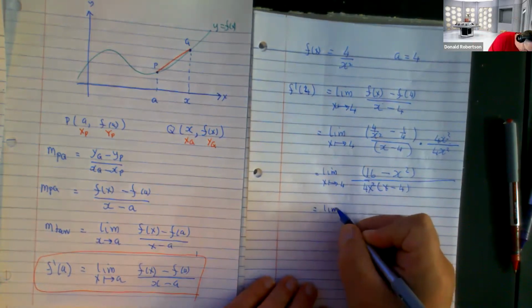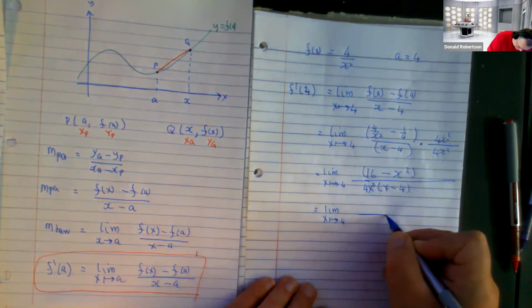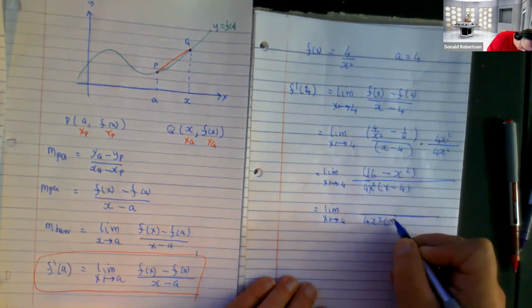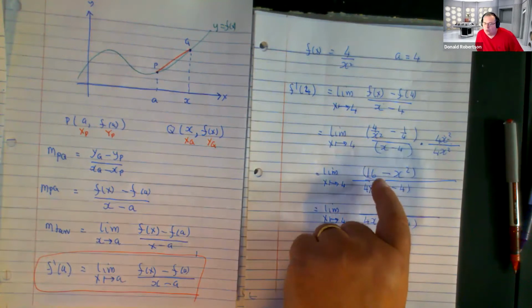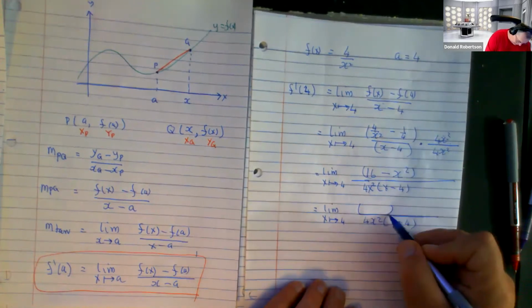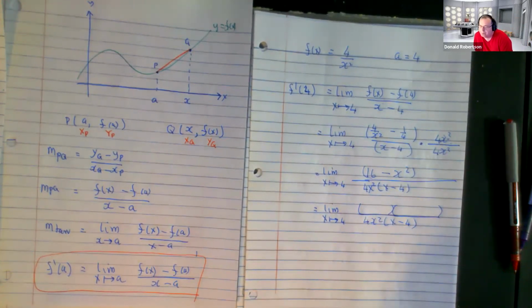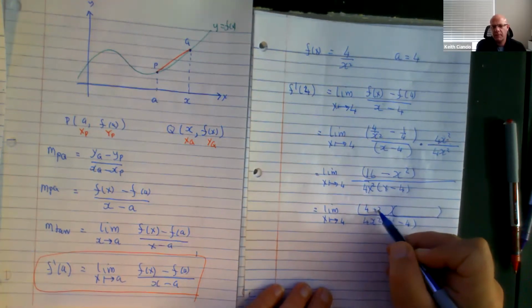This question is a factor and cancel. What does 16 take away x squared look like when it's factored? Because it's a difference of 2 squares. Hopefully you can recognize that. We're going to have 4 plus x and 4 minus x.